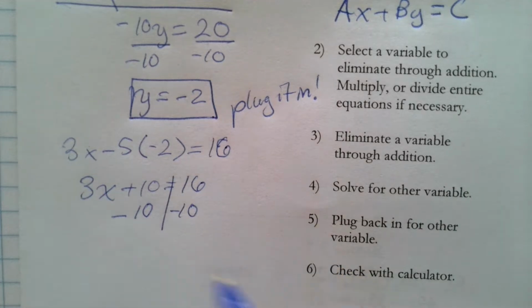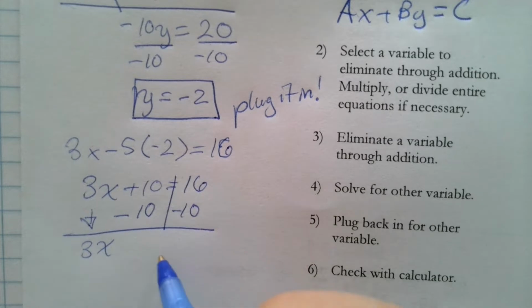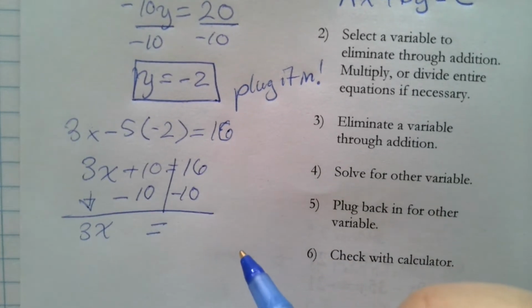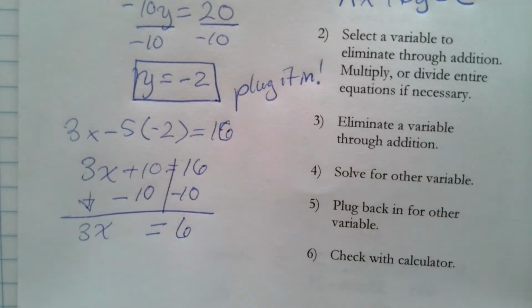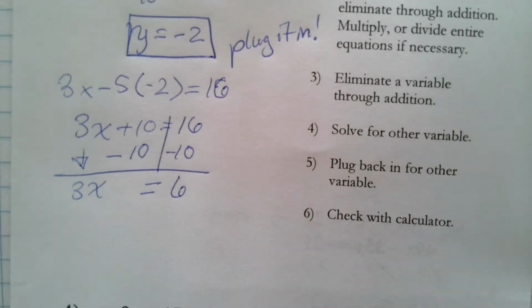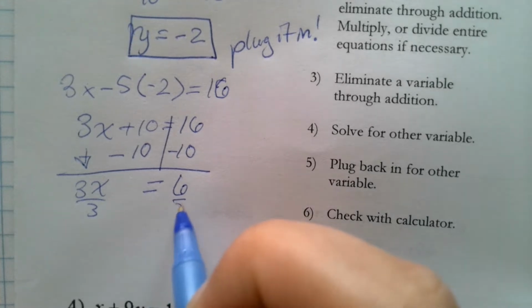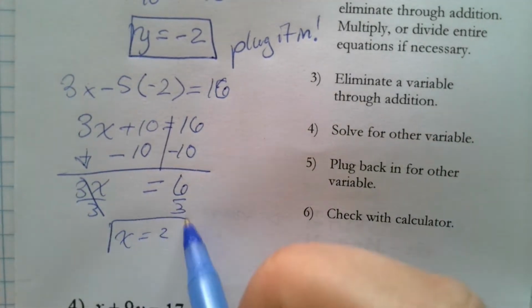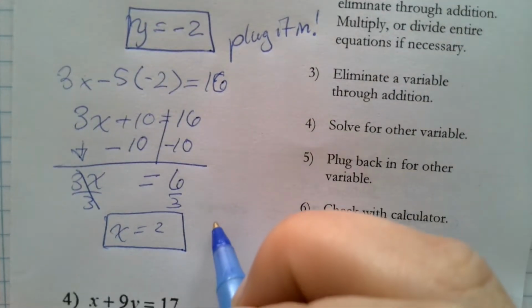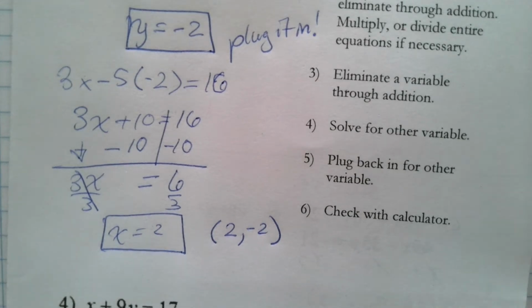We want to leave the 3x alone for now. Daniel, what's 16 take away 10? Cassandra, what's my last step? Anybody, what does that make? So remember the answer is always going to be a point, so it's 2, negative 2. It's where the two lines cross.